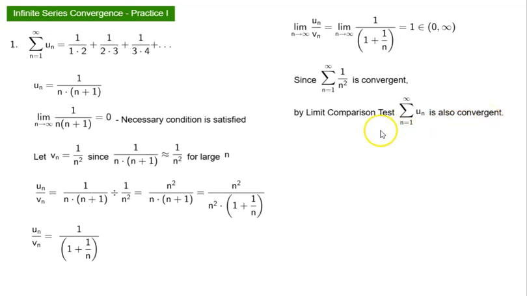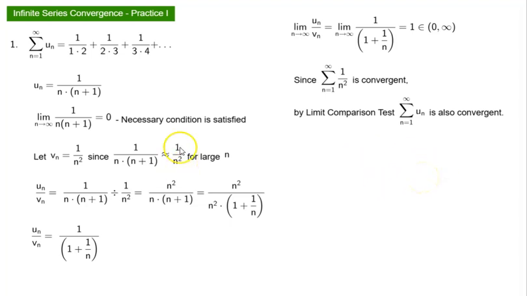Now, you have to remember this limit comparison test. It says if u sub n is greater than 0 and v sub n is greater than 0 and the limit as n goes to infinity of the ratio of these two is a finite value, then they are similarly convergent or divergent.